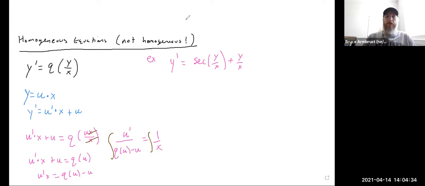So if we were to do that u substitution, if we let u equal y over x, right, that's what this is saying. Think about what this form looks like. This is secant of u plus u. So that's basically the idea with one of these new homogeneous, is that if you let u equal y over x, it turns into just something of u.